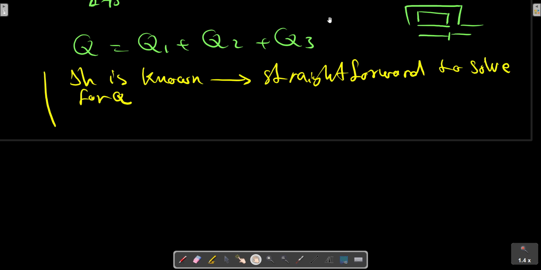Each pipe is related to head loss by the relation as this shows.